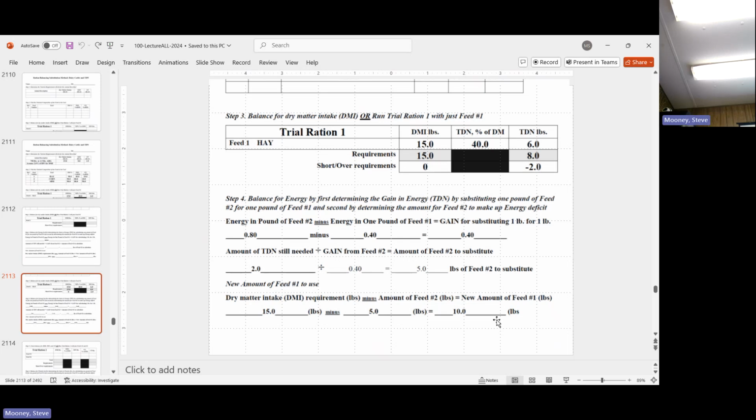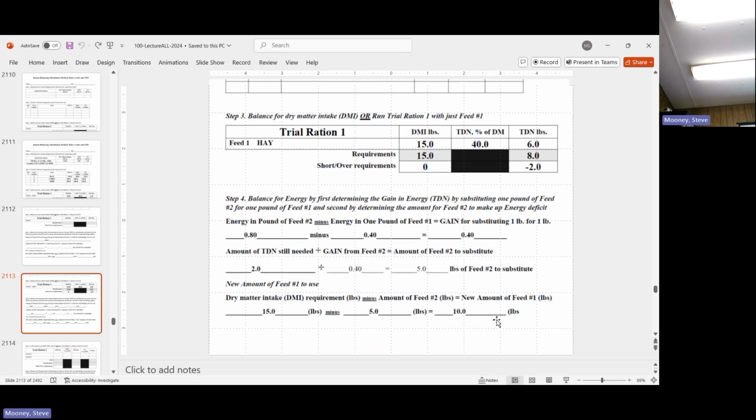How much energy is in 1 pound of feed 1? 0.4. So how much is in 1 pound? 0.8 minus 0.4. Every time I take out a pound of hay and put in a pound of corn, I gain 4/10 of a pound. The swap. So that's my gain, 4/10 of a pound.